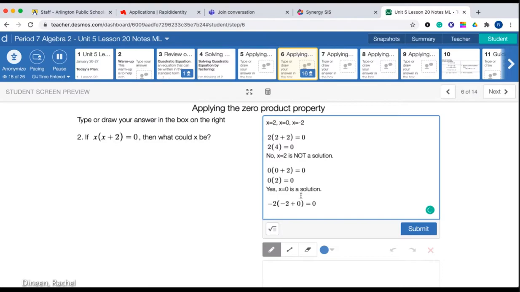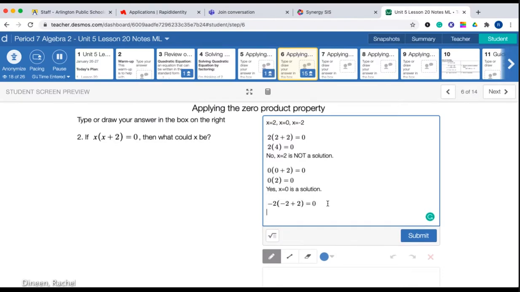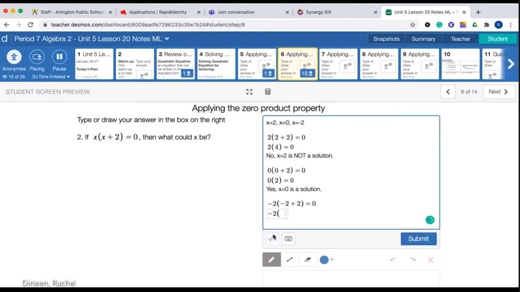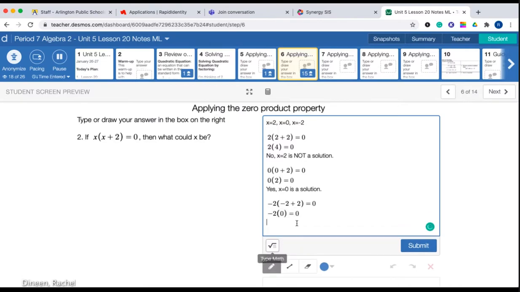Whoops, that should be a 2, shouldn't it? So I have negative 2 times 0 equals 0. So, yep, 0 equals 0, so yes, x equals negative 2 is a solution. So, negative 2 and 0.